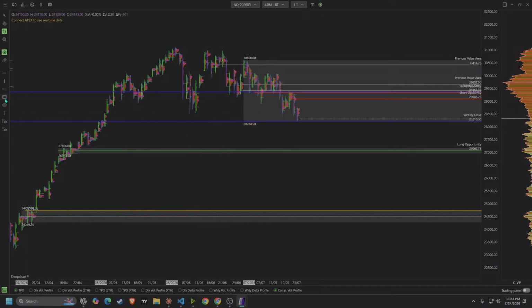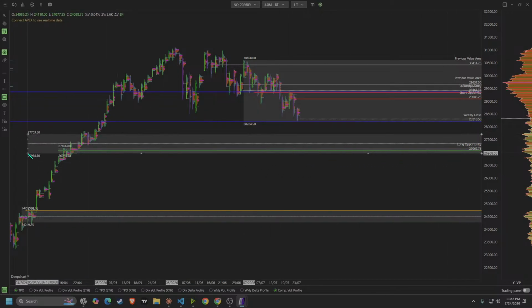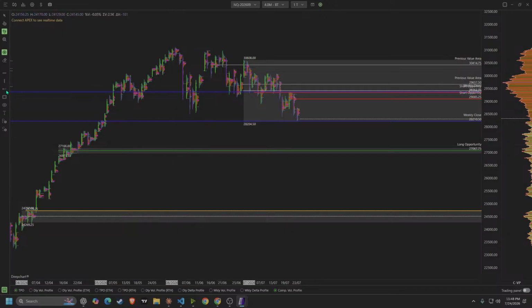Then you can clearly see that the last place where there was a bunch of two-sided trade occurring was down here. Biggest amount being right there, which is my long entry. All right, so that looks good. I like that level.